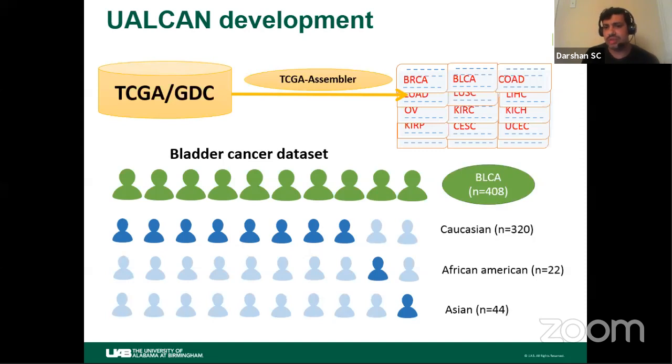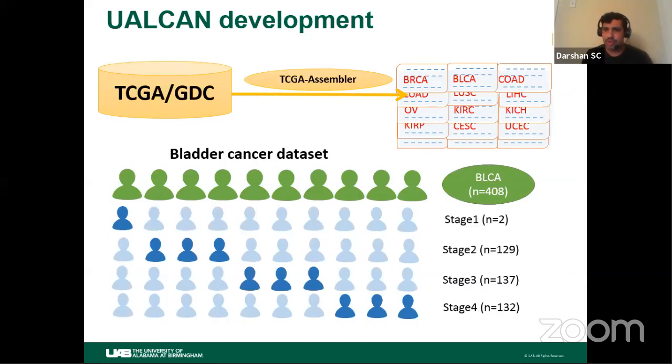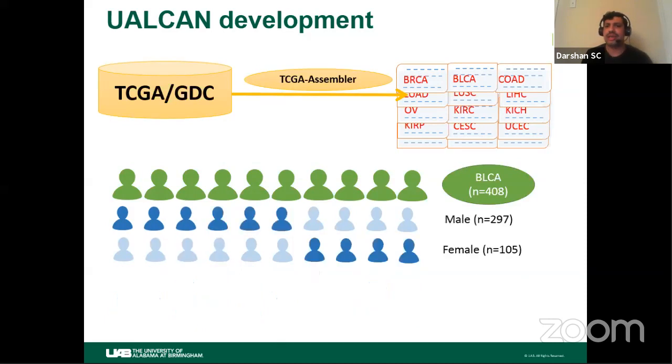One of them was race. So the 408 was divided into 320 Caucasian, 22 African American, and 44 Asian. Similarly, the same approach was applied for stage-based, gender-based, and more types. I'm just giving an example of how it was done.